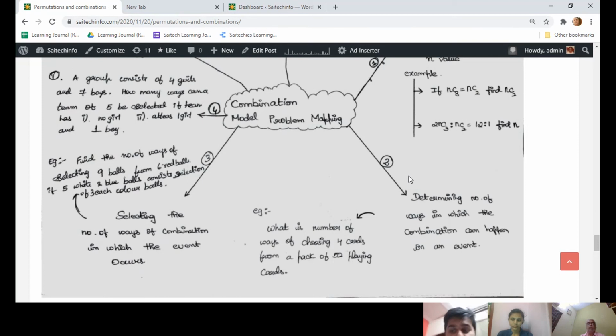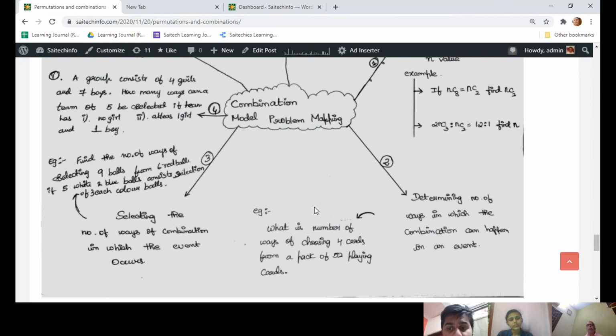As an example, what is the number of ways of choosing 4 cards from a pack of 52 playing cards? Then we have a question based on selecting the number of ways of combination in which the event occurs.